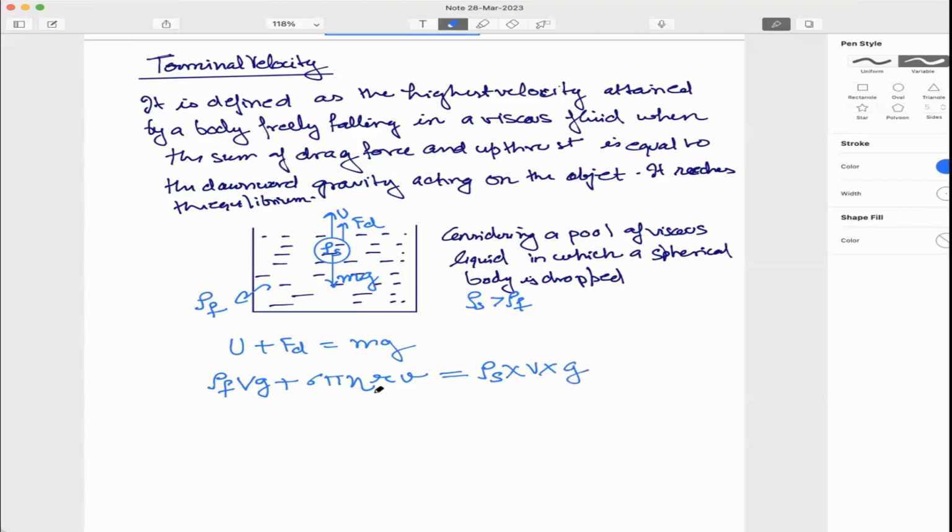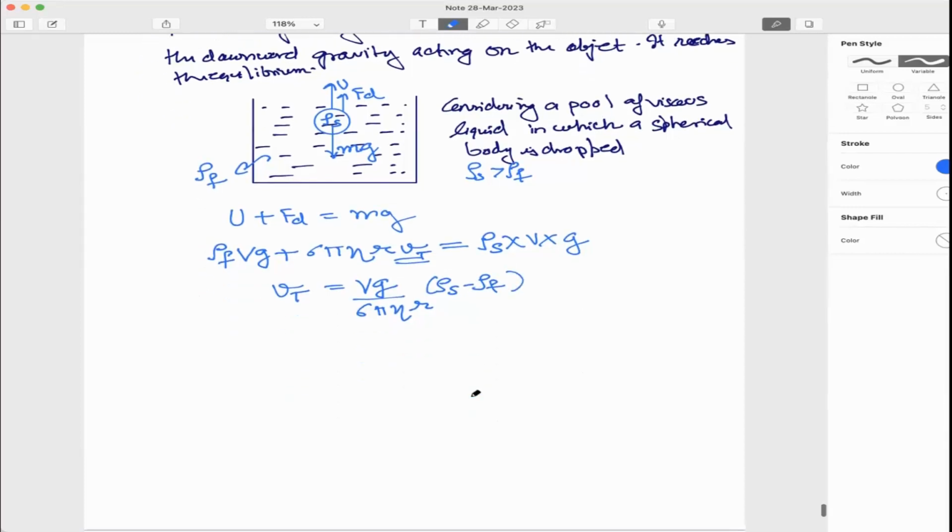Okay, we need to find out v. So that is terminal velocity. So that comes out to V g by 6 pi eta r times rho s minus rho f. Okay, so volume of a sphere is 4 by 3 pi r cube, substitute there.